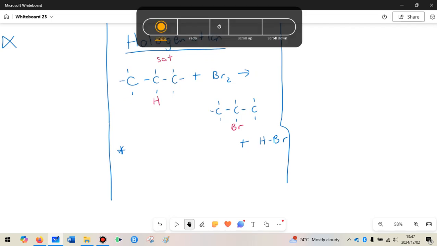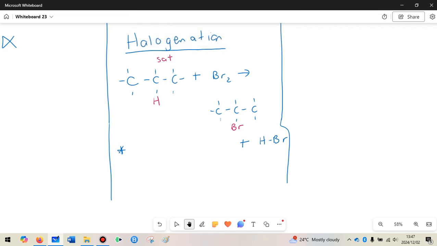And depending how long it takes to change color, you can figure out if something is saturated or unsaturated. Okay, so it needs UV light. It won't change color until you put it in the sunlight, and the halogen goes to the carbon with the least hydrogens, as we've done with all the previous examples.